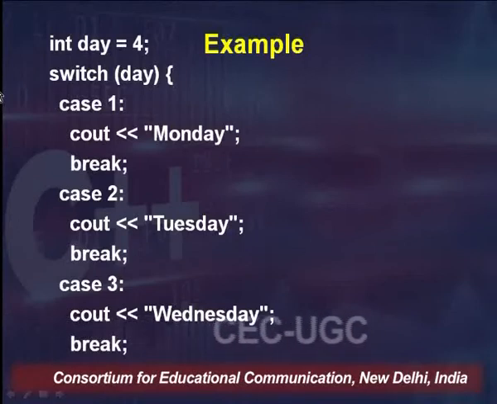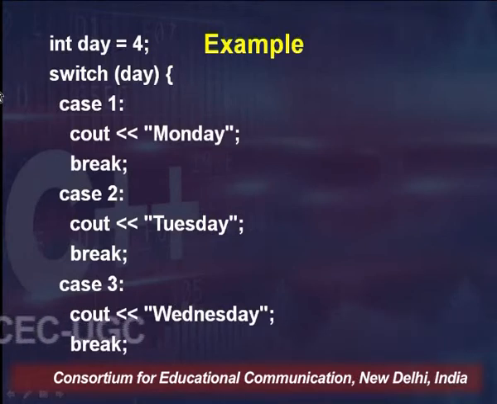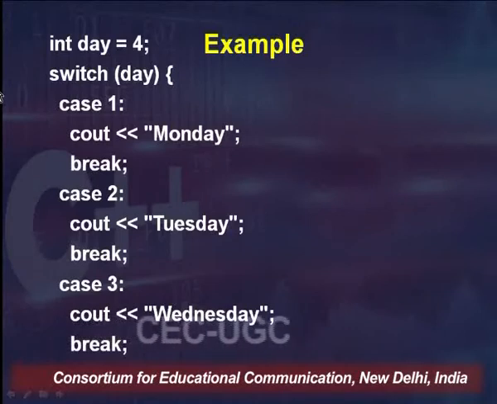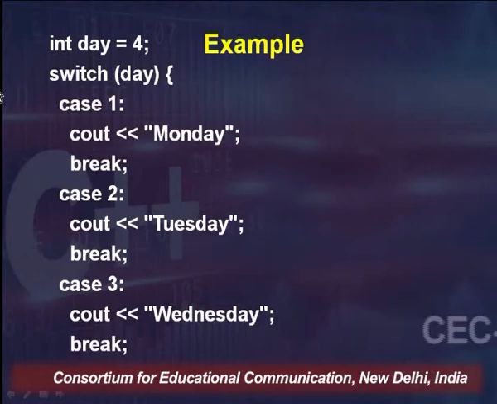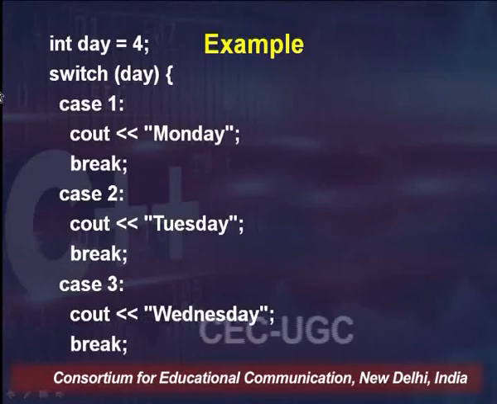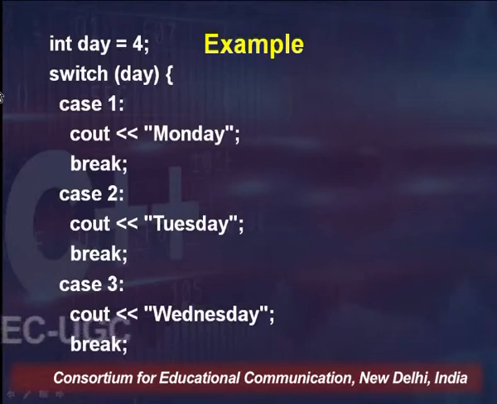And please notice that we have not used any sign where we are writing case 1. That means this is simply checking whether the value of day is equal to 1. There is no equals sign, no greater than, no less than, no relational operator given here. Why? Because it is just checking for equality.